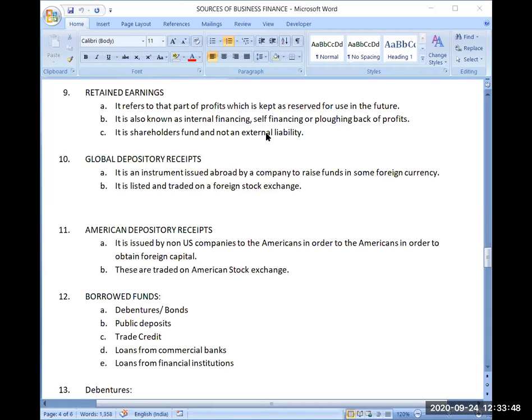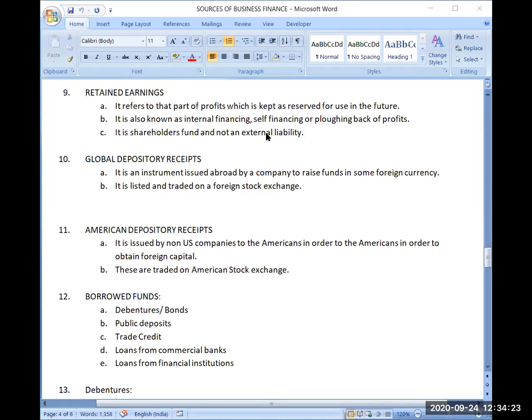The profit which is earned by the sole proprietorship firm, to whom does that profit belong? Yes, obviously the owner of the business, or you can say the proprietor of the business.